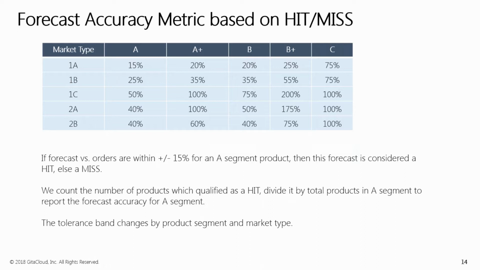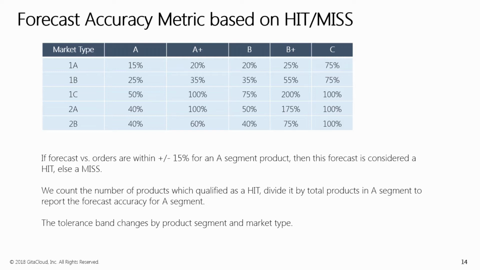Moving on, let me quickly describe what the hit-miss methodology of Dabur was. So here we have 5 market types in this metric. And let us take, for example, market type 1A. This metric was given to us by Dabur.